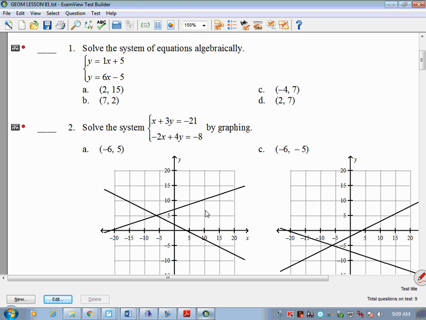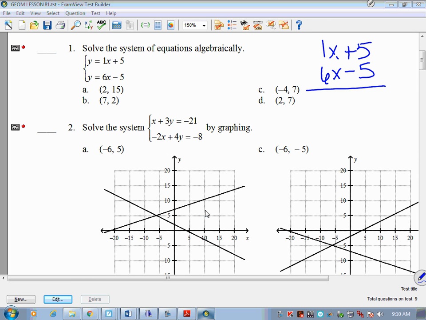So if we want to solve through elimination, I might go over here and say 1x plus 5 over 6x minus 5, and do what with those two equations? I'd want to eliminate something, right?